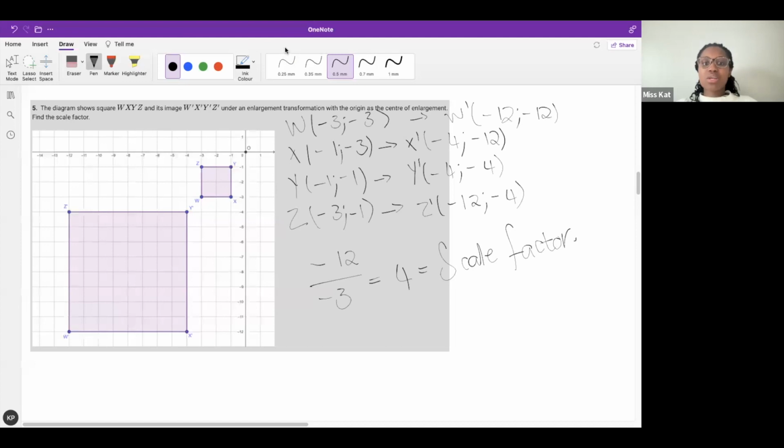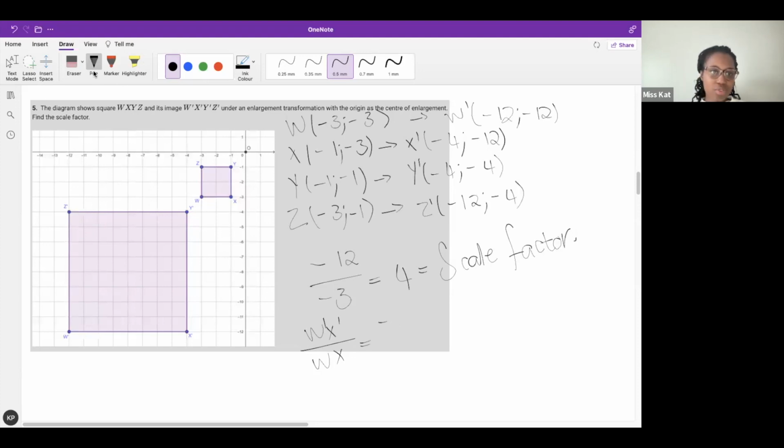So for the people who are asking, why can't the scale factor be negative? Do you see that we are working with lengths? In the previous one, we said the primes. So let's say W prime X prime over WX. What's the length of W prime X prime? It's -12, right?